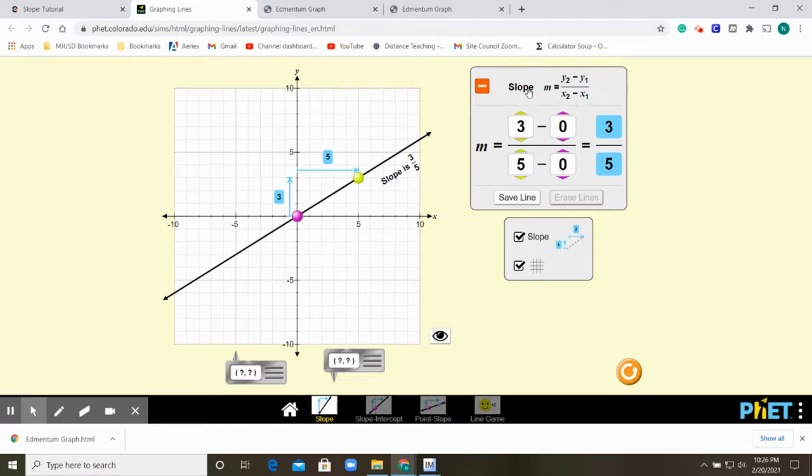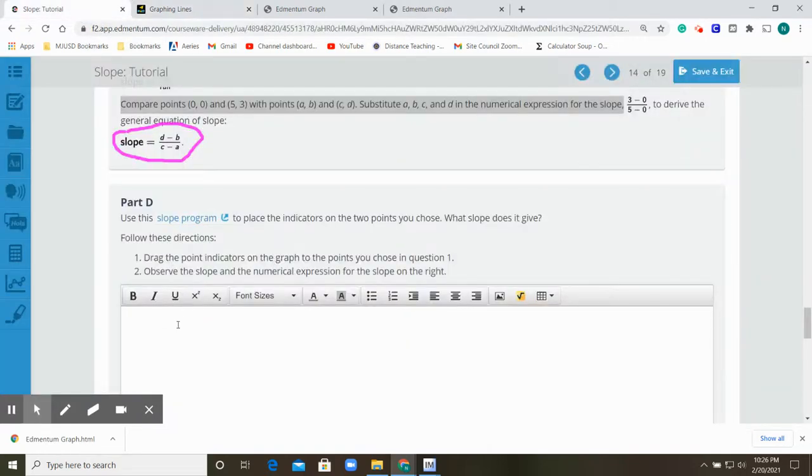Now, this slope m equals y2 minus y1 over x2 minus x1. So go back to our tutorial here, and it says drag the point indicators on the graph to the points that you chose in question 1.